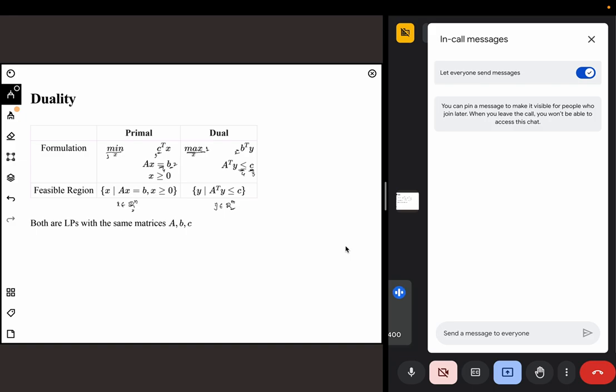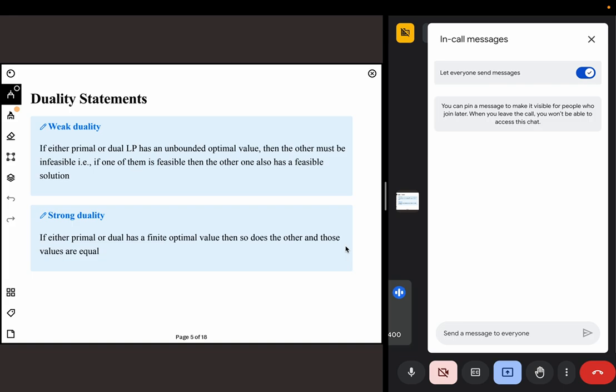So how are these two related? Superficially, this seems like one completely different problem and that another completely different problem. But then there is the weak duality statement, which says that if the optimal value exists for one of these, the other must also exist.